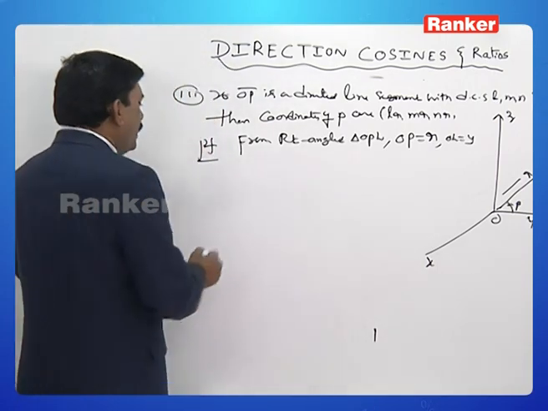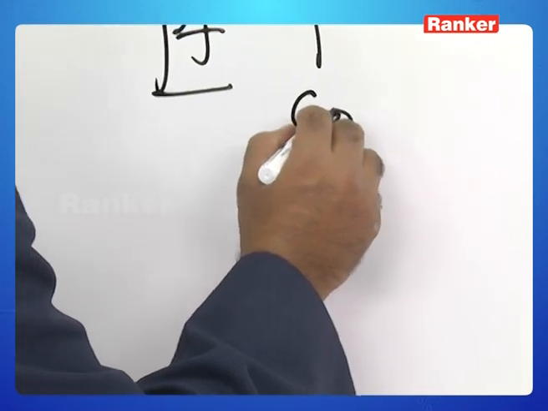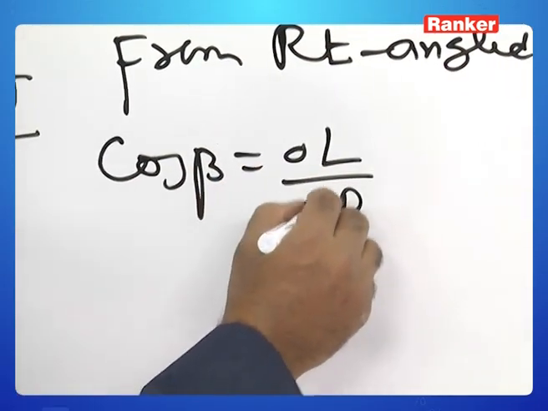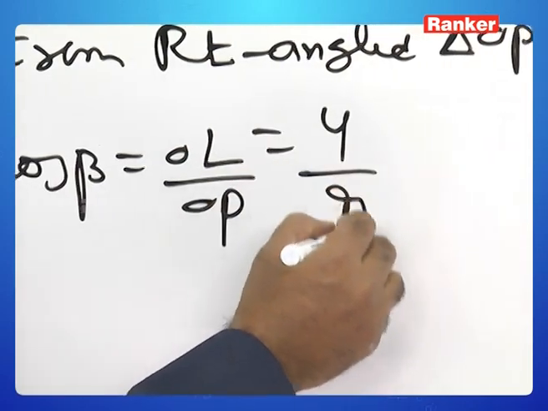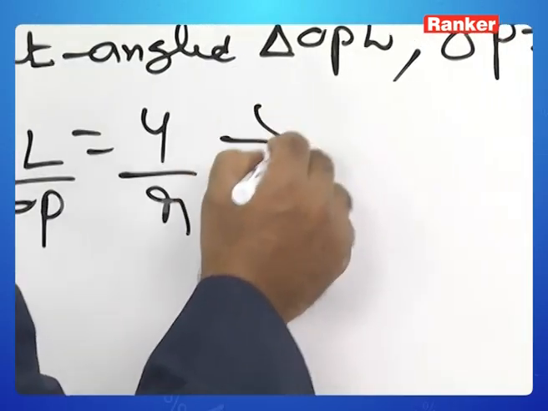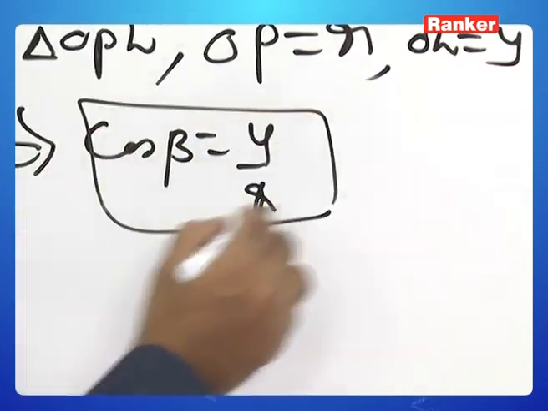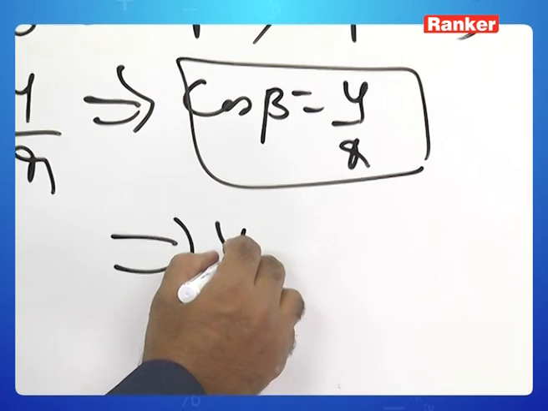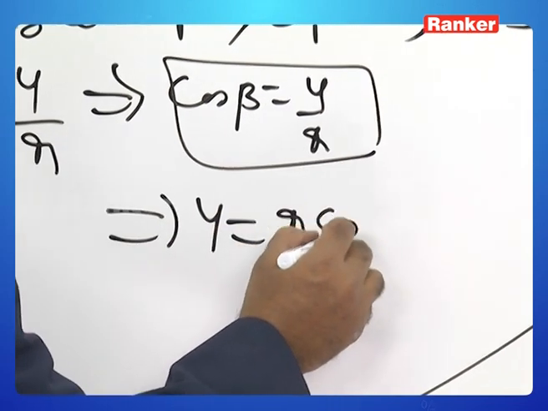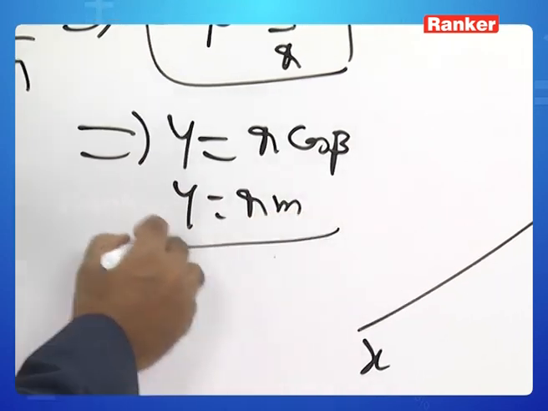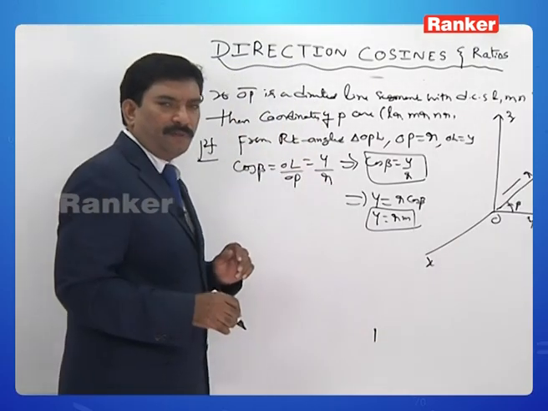So I can write cos beta is equal to OL by OP, which is equal to y by r. Meanwhile, I can write y is equal to r cos beta, where cos beta is nothing but m. Why?